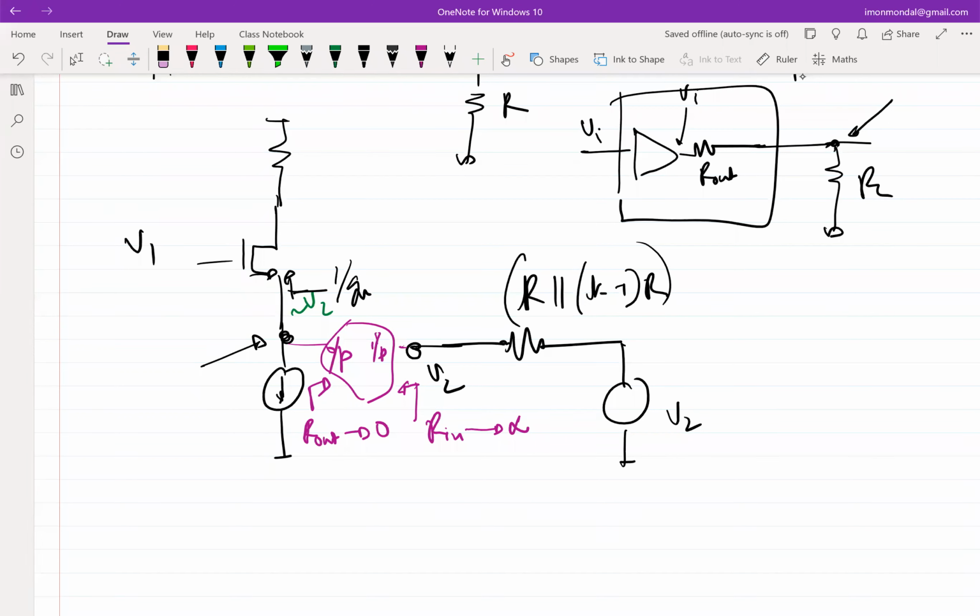So input is infinite impedance, output is very low impedance for driving a very low load. We have only done a finite number of types of topologies, right? It's one of them.